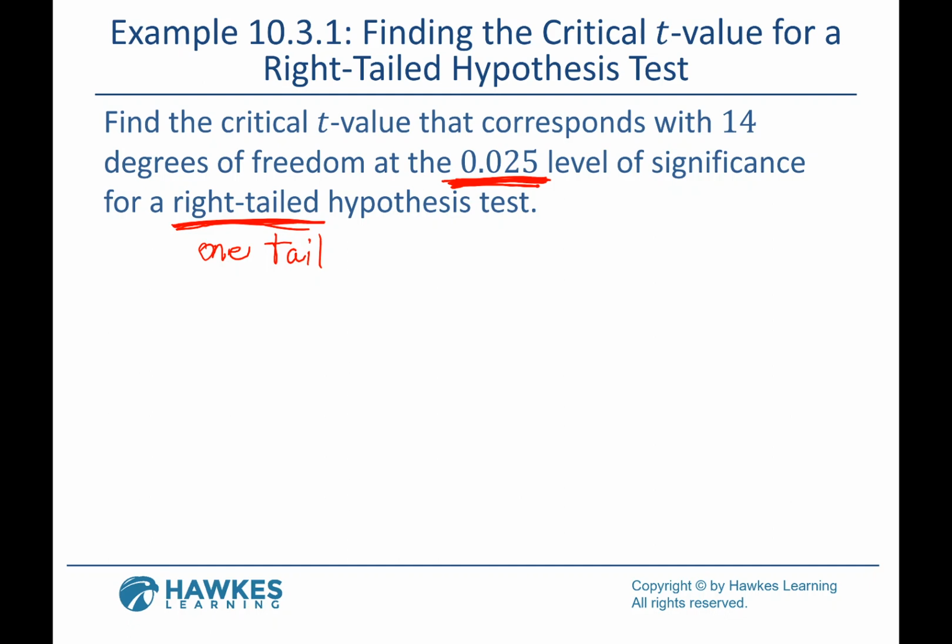Want an area in one tail, 0.025, so that's the middle column, 14 degrees of freedom. So here our critical t, what do you find? Yeah, 2.145.